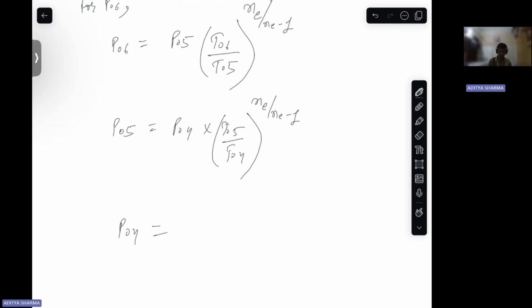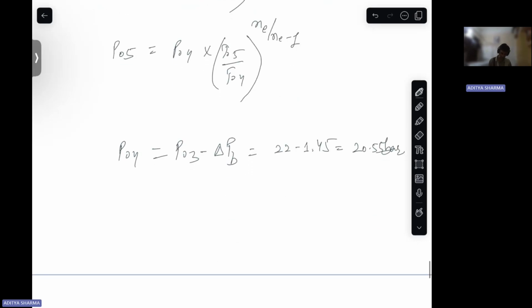P naught 4 is P naught 3 minus delta PB, which is 22 minus 1.45, which is 20.55 bar. Okay. So P naught 5 becomes 20.55 into 1074 divided by 1482.